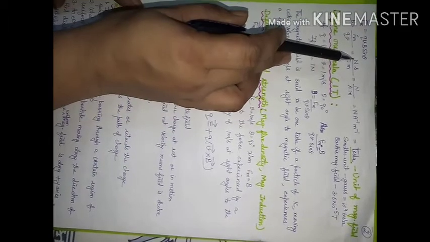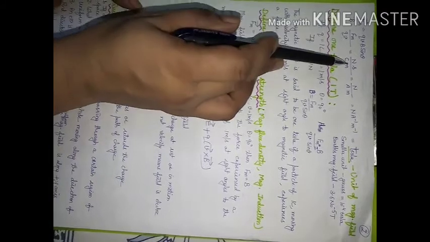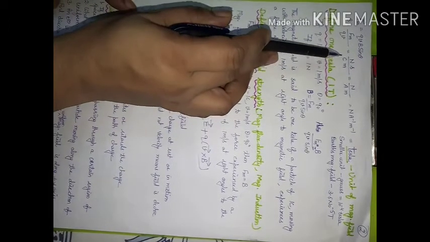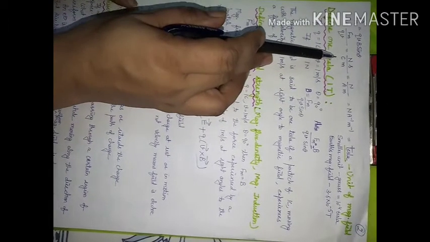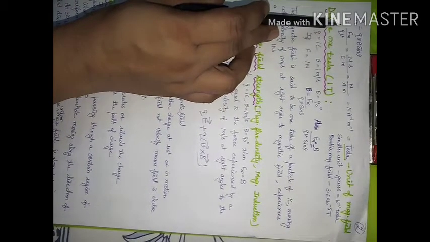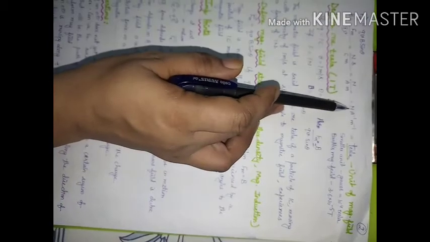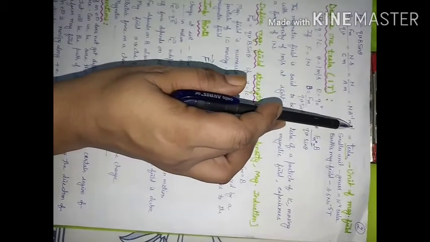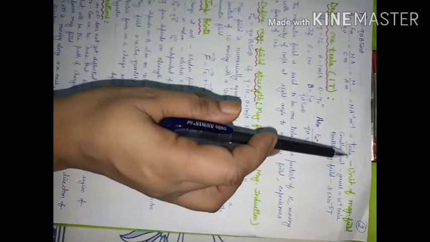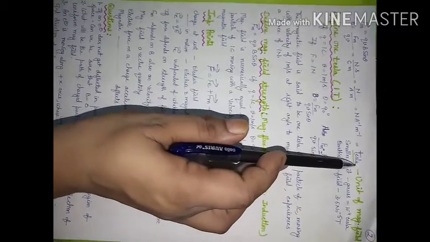The unit of force will be Newton, the unit of charge will be Coulomb, and the unit of velocity will be meter per second. This second will come here, and charge per unit time will give you current. So the unit of magnetic field comes out to be Newton upon ampere meter, which is Newton ampere inverse meter inverse, which is equal to Tesla. About this we will consider after 2-3 minutes.